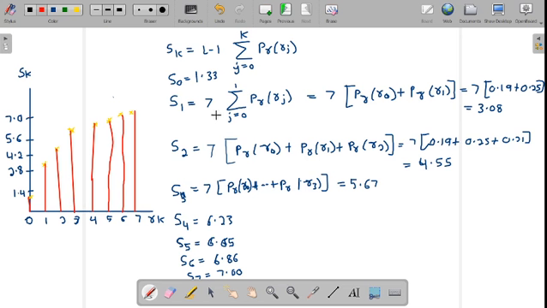So if we note the output values, S naught has fractional value 1.33, 3.08, 4.55. So all these are fractional. In digital image processing, it has to be an integer. So what we need to do is convert this fractional value by rounding off to the nearest value.